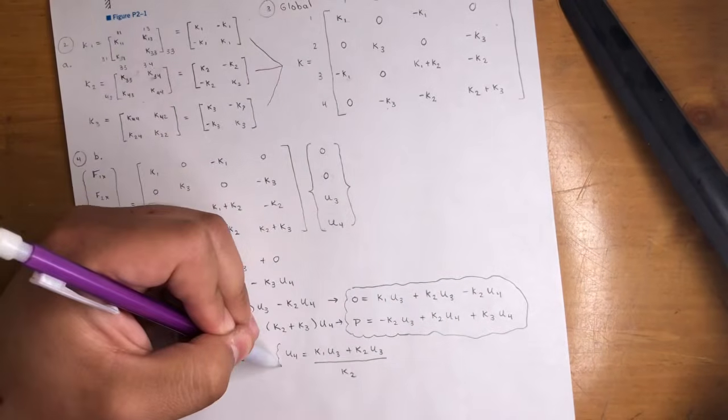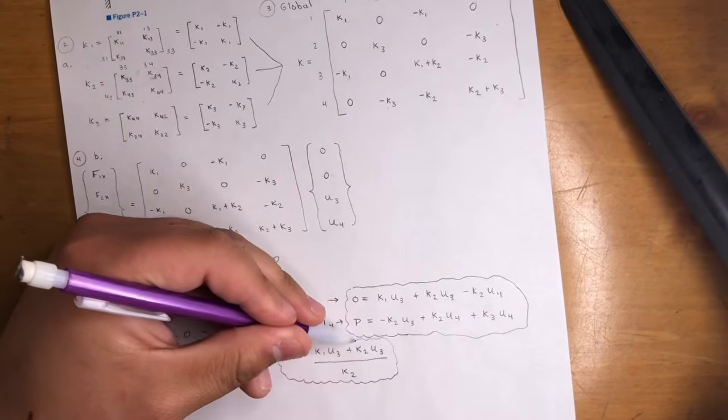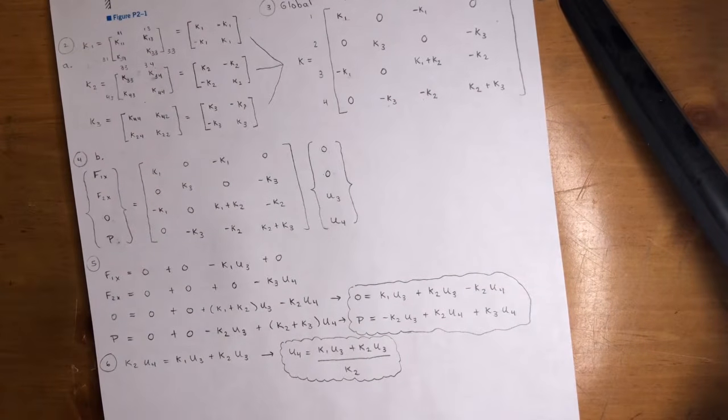Okay, so that's U4. Now what we're gonna do is plug this U4 into one of the equations to solve for U3. And that should get rid of all the U4s, and it should leave us with K's and P's alone. So let's go ahead and use the second equation.